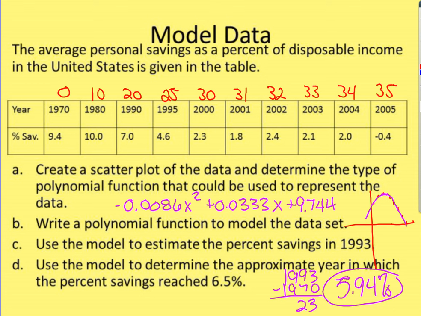So if you trace until you get to where those two lines cross, they cross at about an X value of 21. So 1970 plus 21 years is going to give us 1991. So in 1991, they will reach a savings of about 6.5%.